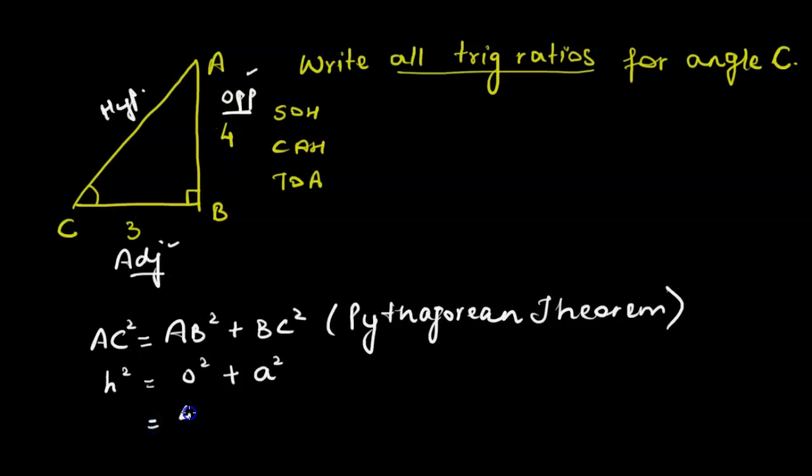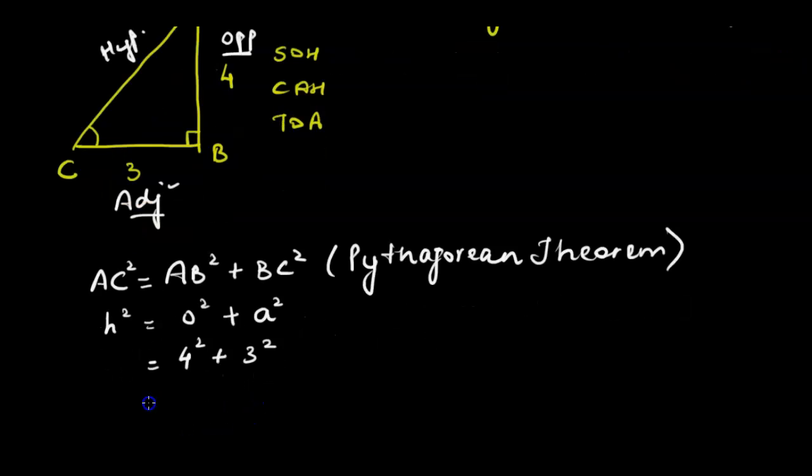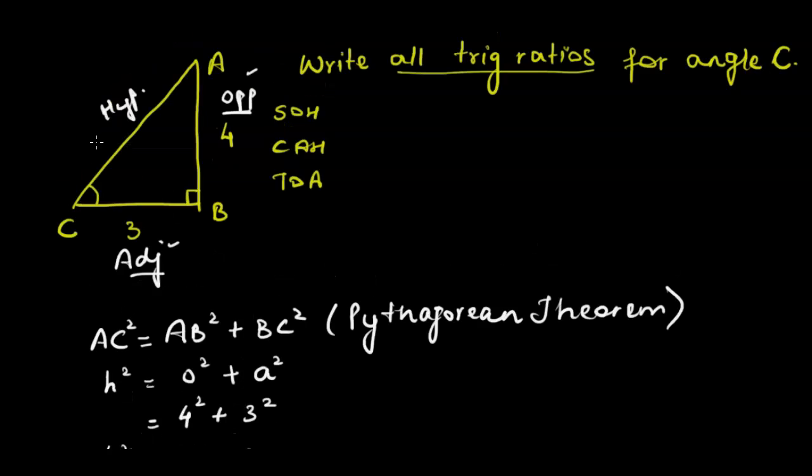So we would substitute opposite as 4 and we would substitute adjacent as 3 and we would get the value as 16 plus 9 equal to hypotenuse square. Since we're just looking for hypotenuse length, we would move the square to the other side. So hypotenuse becomes square root of 16 plus 9, that is 25, which is equal to 5. Therefore, this hypotenuse side length that we've got is 5.